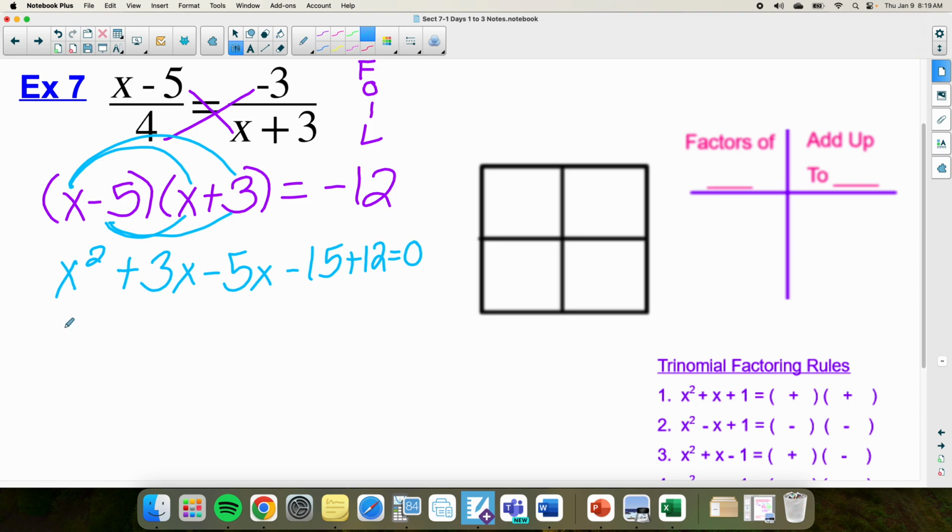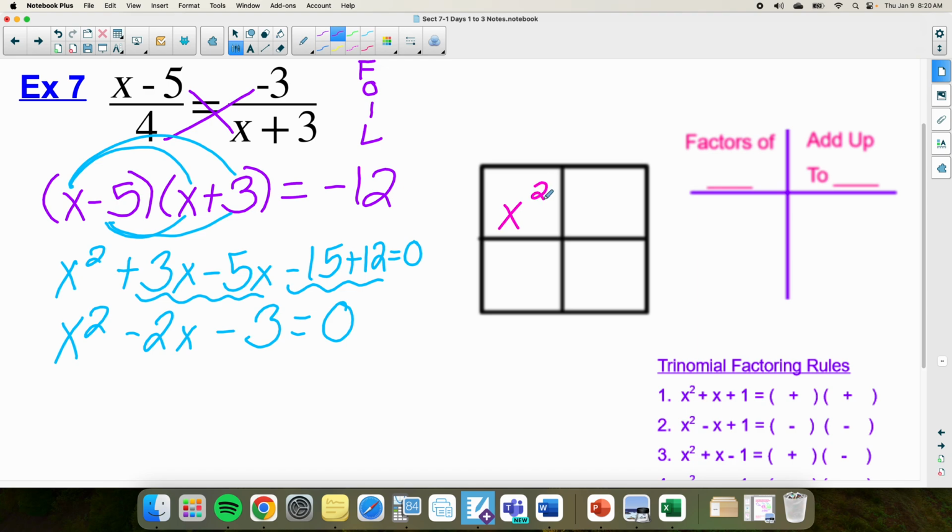Now we're going to combine our like terms. So we have 3x minus 5x, which is negative 2x. And then I have negative 15 plus 12, which is negative 3, and that equals 0. Okay? Now, over here, we put x squared here, negative 3 here, negative 3 here, and negative 2 here.